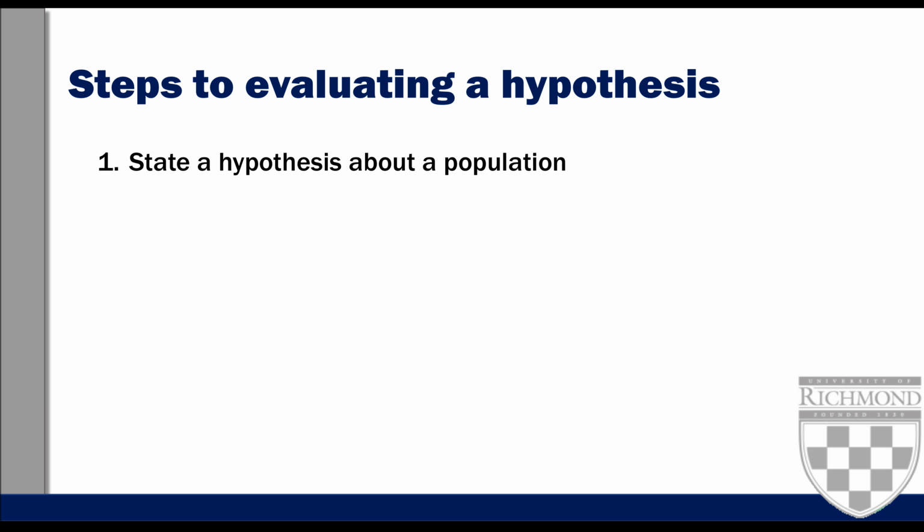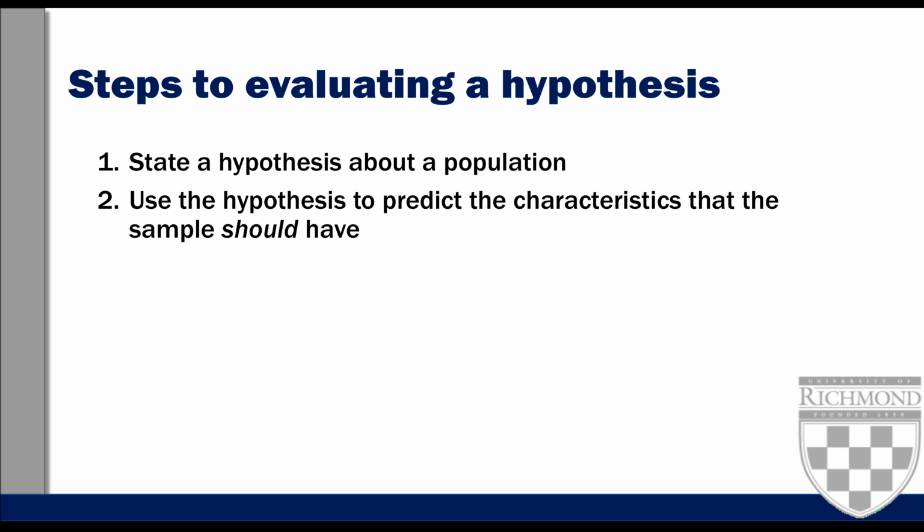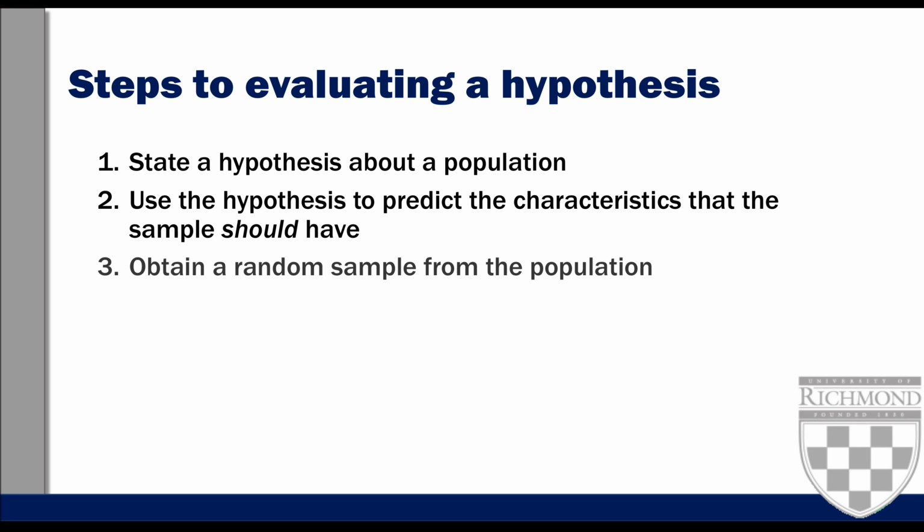First, we need to state the hypothesis about a population, okay, in terms that are meaningful for an experiment. Then we're going to use the hypothesis to predict the characteristics that the sample should have, okay? Then, ideally, we're going to obtain a random sample from the population.